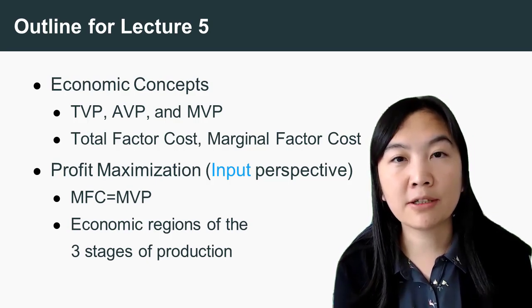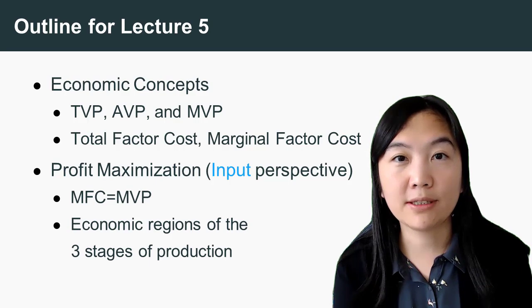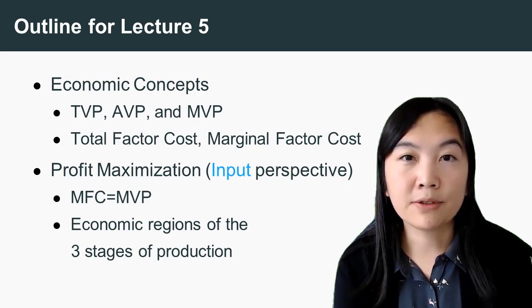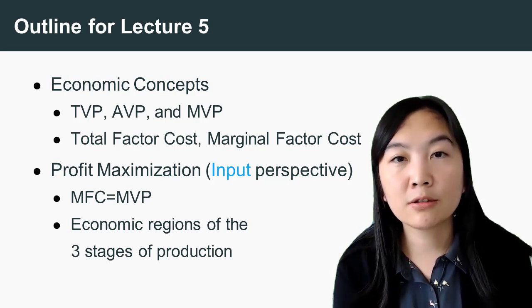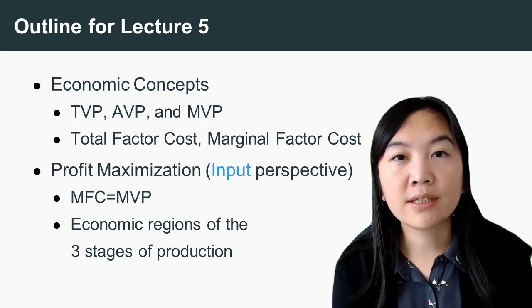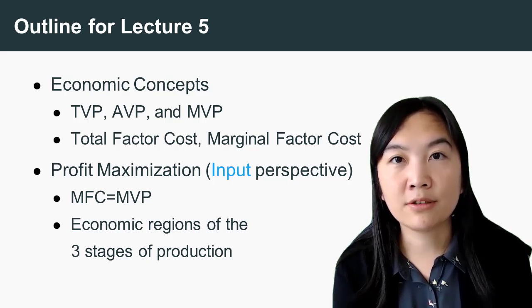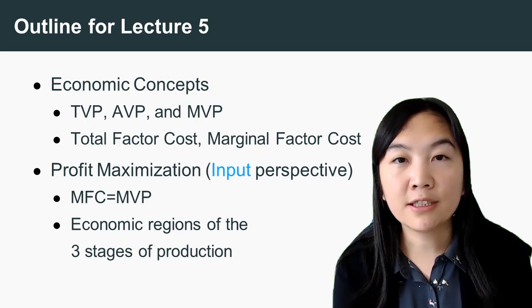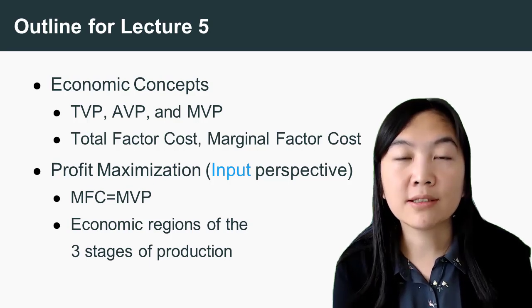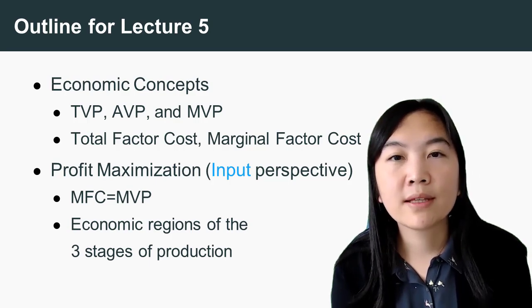Physical, when you're talking about the outputs, you're talking about, for example, the bushels, the kilograms. And for the value concepts, you're basically converting those physical quantities into dollar values.